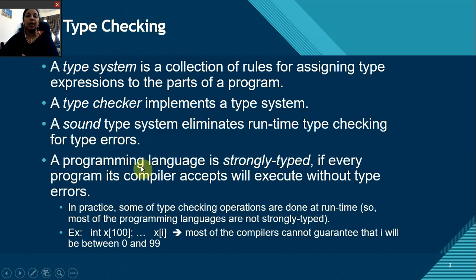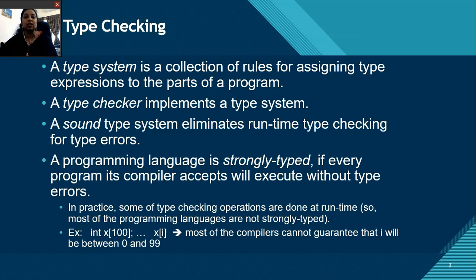Now the programming language is said to be strongly typed if every program that goes through the compilation phase can be executed without any type errors. That is, it will check for compatibility during the compilation itself, and once it passes the compilation phase, you will never encounter any type errors.